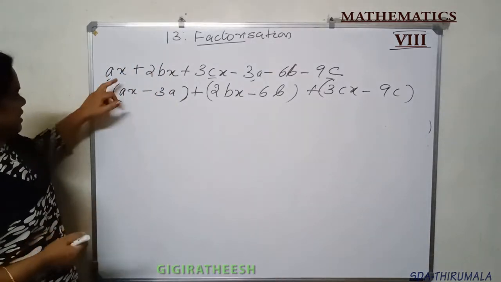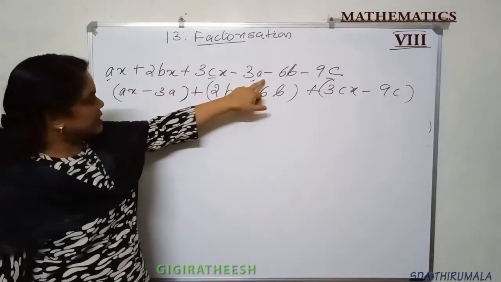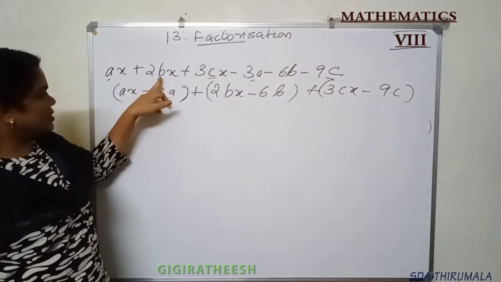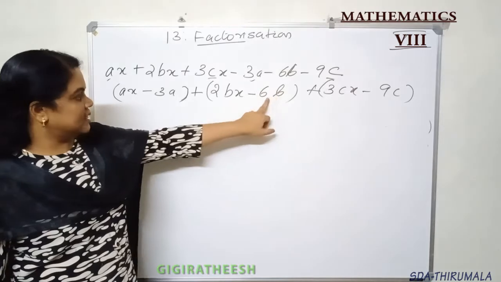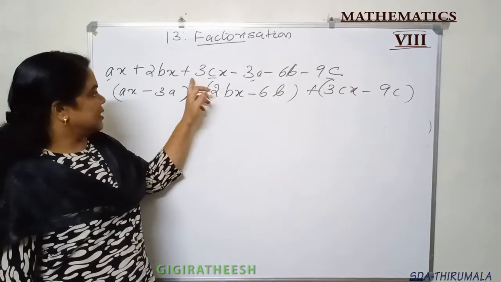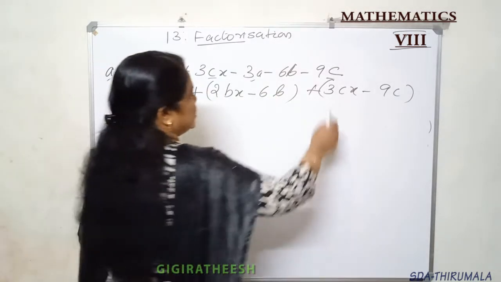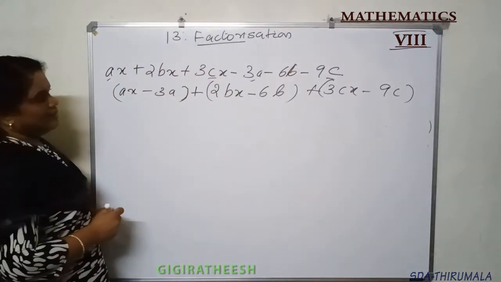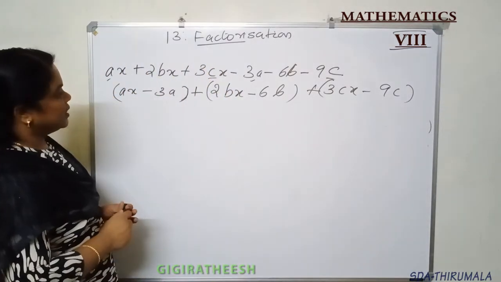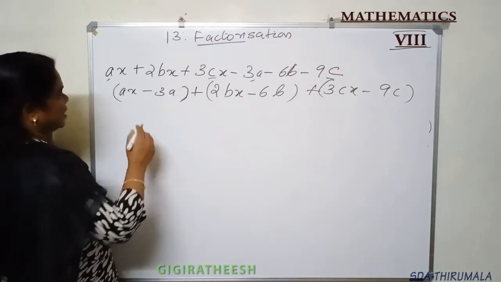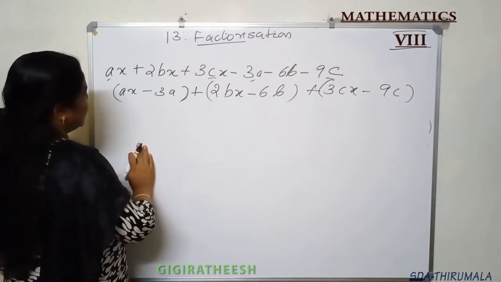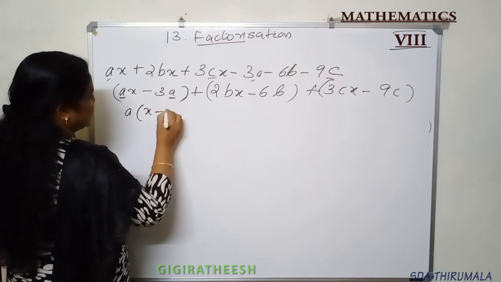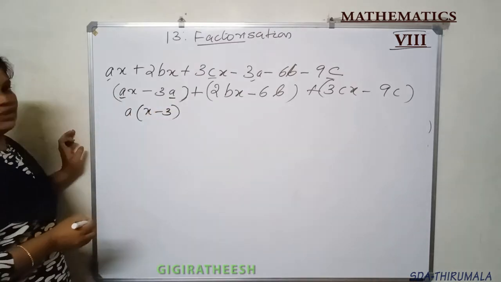By grouping: ax minus 3a, where the common factor is a; 2bx minus 6b, where the common factor is 2b; and 3cx minus 9c, where the common factor is 3c. After grouping, take the common factors outside. From ax minus 3a, taking a outside, we get a into x minus 3.